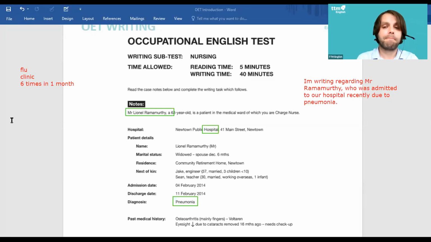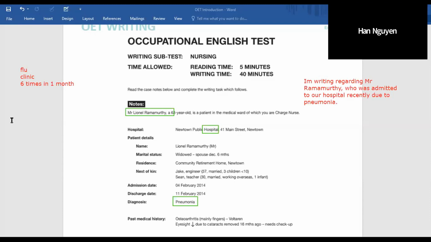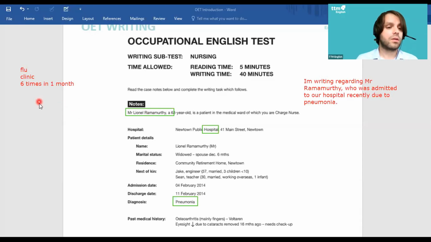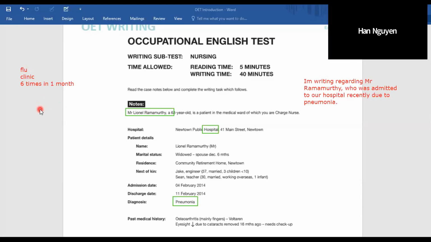Yeah. Okay. I'm writing regarding Mr. Ramamurthy, who has been visiting our clinic because of flu. That's fine. That's good. Han, I'm happy with that.